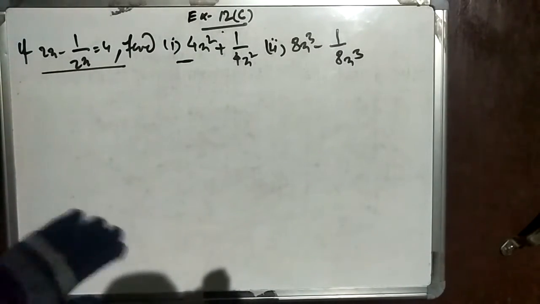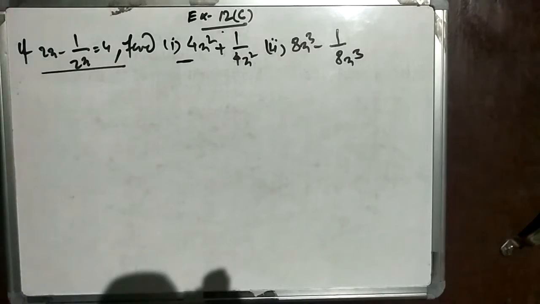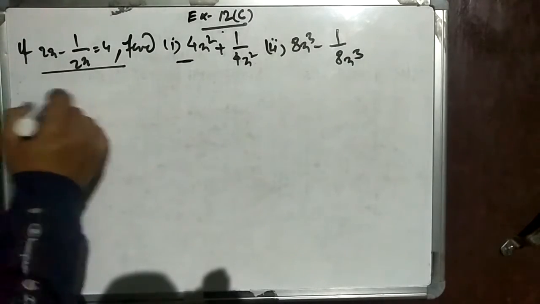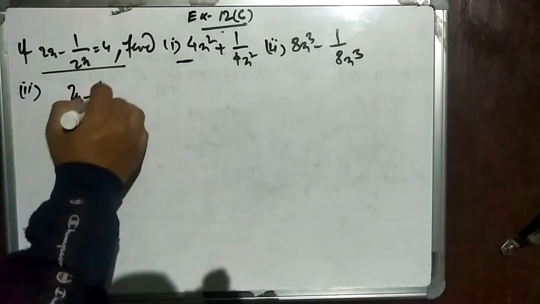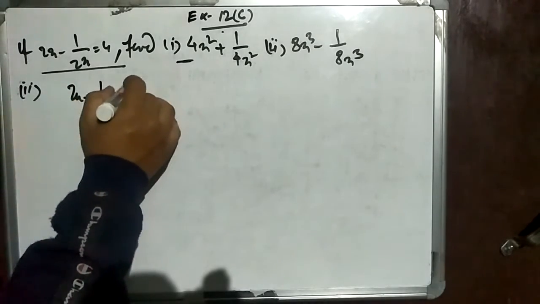Cubed. So again I say to you that please go through the identities, or also we can say the formulas. That is most important to solve the equations and the questions from this chapter.